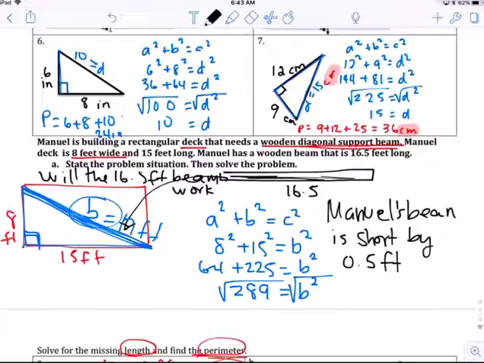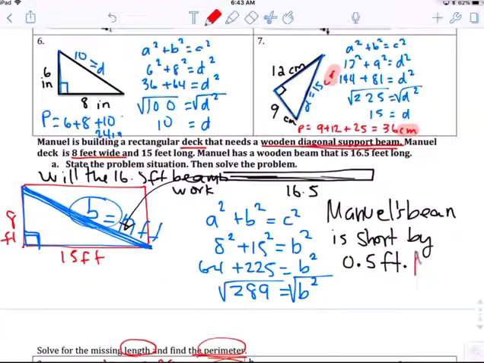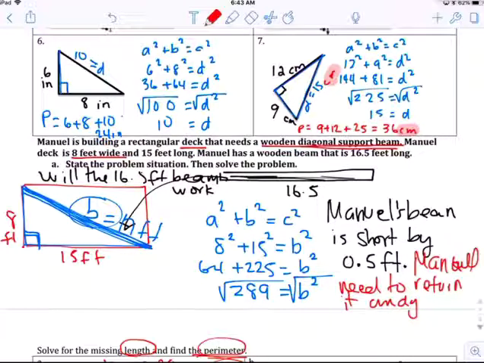What does that mean? He needs to take the beam back and buy one that's 17 feet or longer.